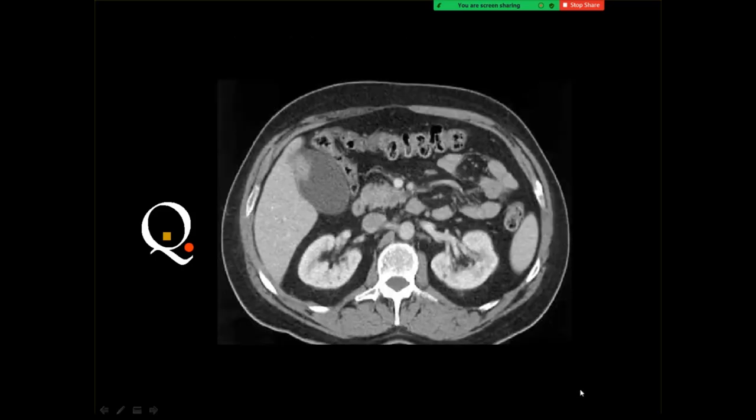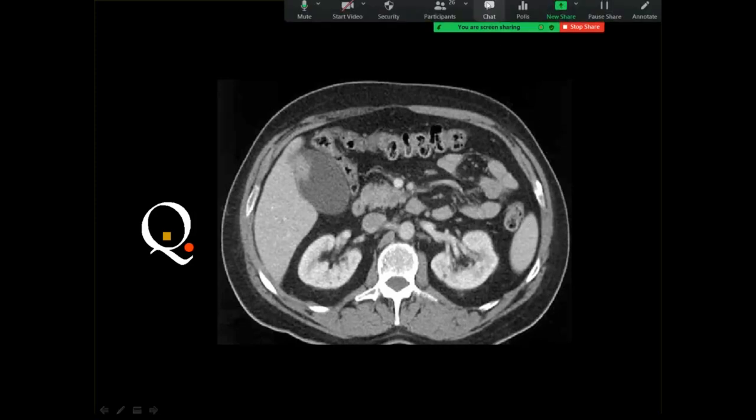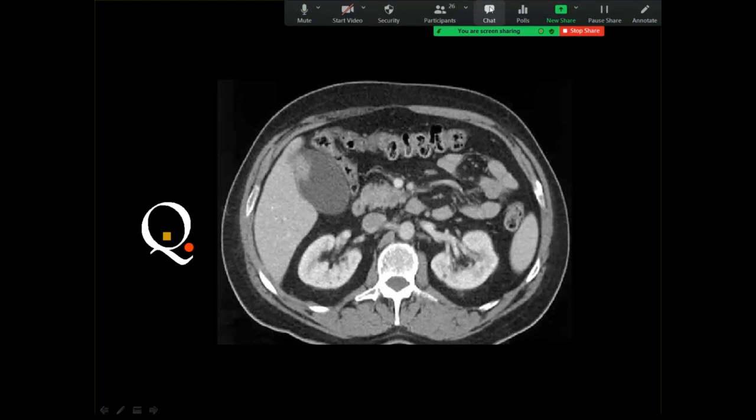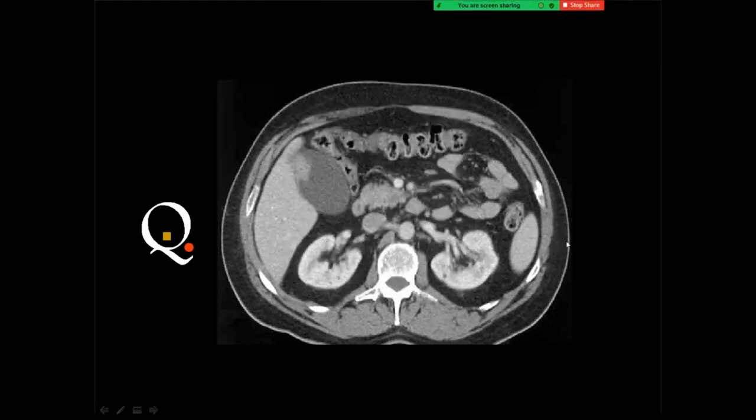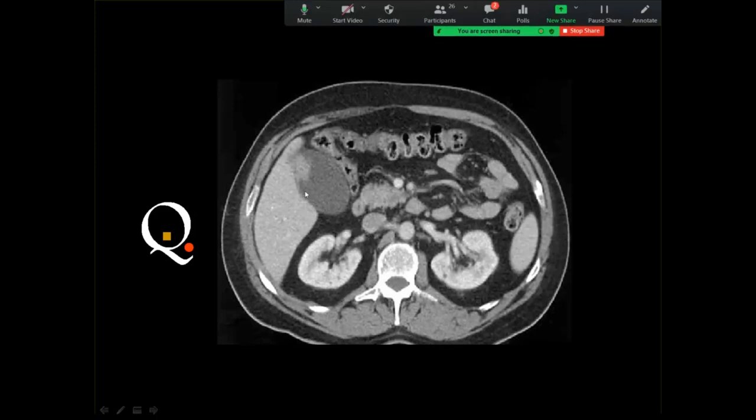The next case is a CT scan of the abdomen after contrast injection. Yes, and the answer is good, right? Gallbladder carcinoma. There is a mass inside the gallbladder showing contrast enhancement.